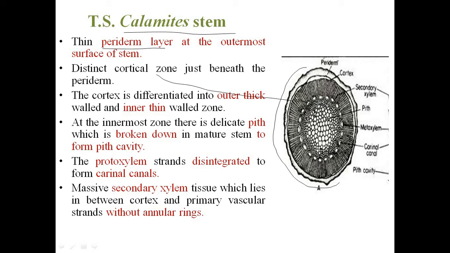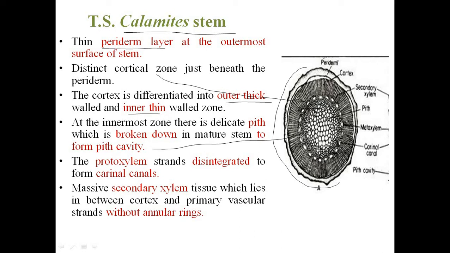This cortex is divided into an outer thick and inner thin-walled zone. You can observe this large cortical part that is again differentiated into outer and inner cortical regions. At the innermost zone, there is a delicate pith. You can observe this pith region, and this is broken down in the mature stem to form a pith cavity.